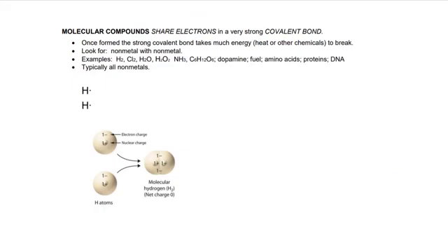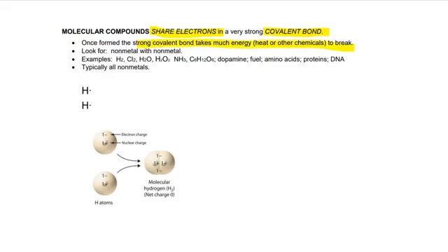Now, if we look at molecular compounds, they are sharing electrons in a very strong covalent bond. So sometimes we call these covalent compounds. Molecular and covalent compounds are kind of used interchangeably, but they are sharing, and it's very strong. So once formed, that strong covalent bond takes a lot of energy to break.